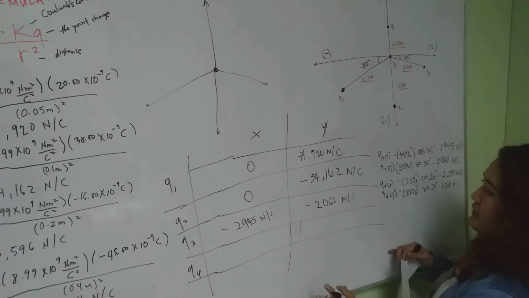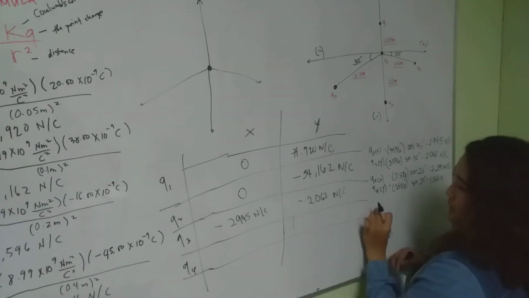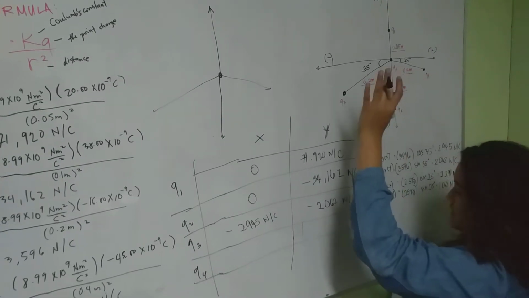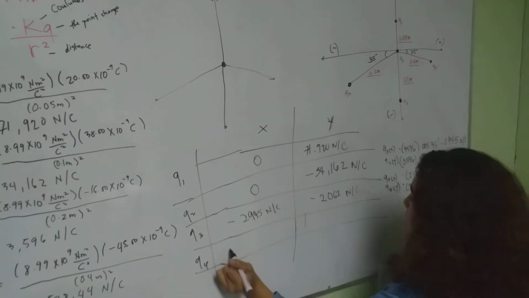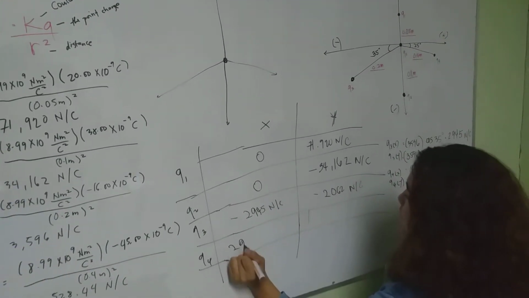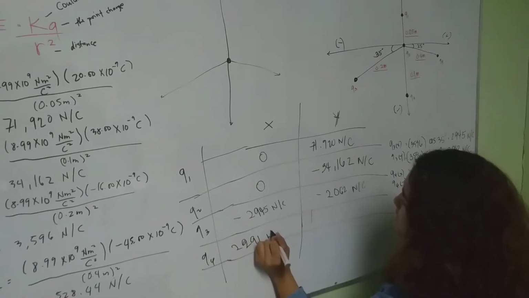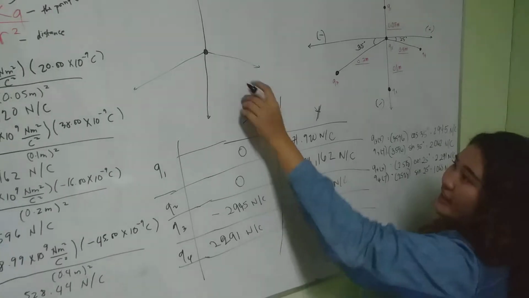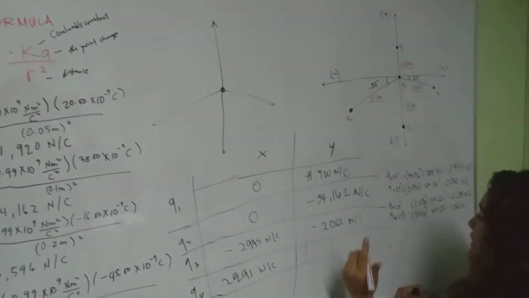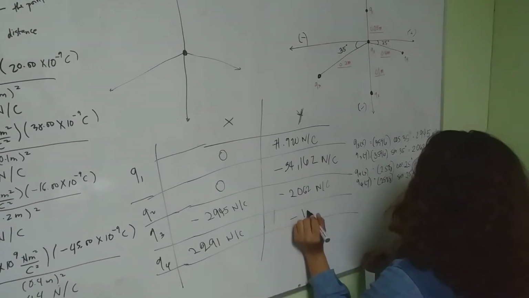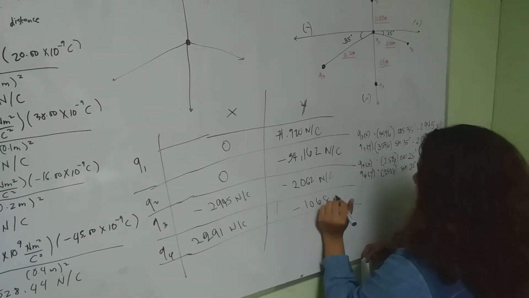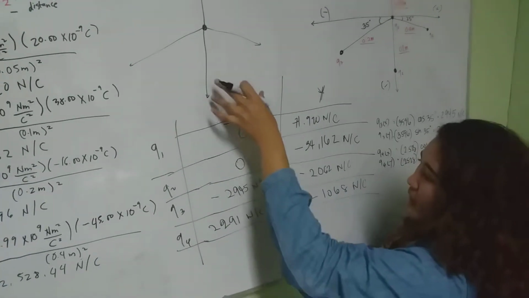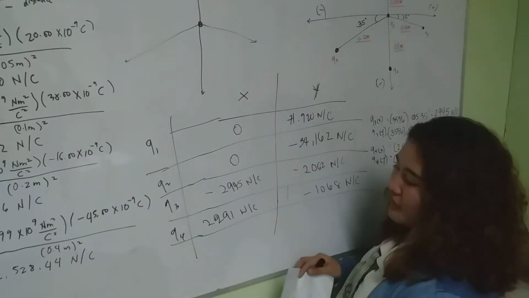Now for our fourth point, since it is located at the positive x-axis, we'll be having 2,291 newtons per coulomb. But it is also based at the negative y-axis, which will be negative 1,068 newtons per coulomb.